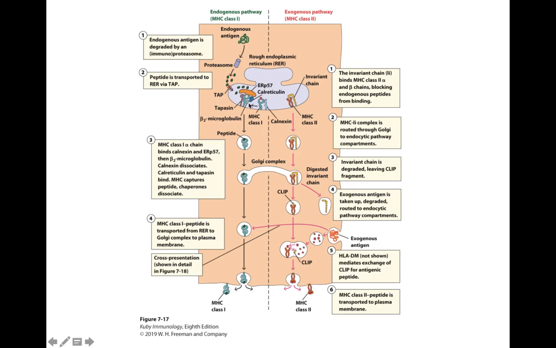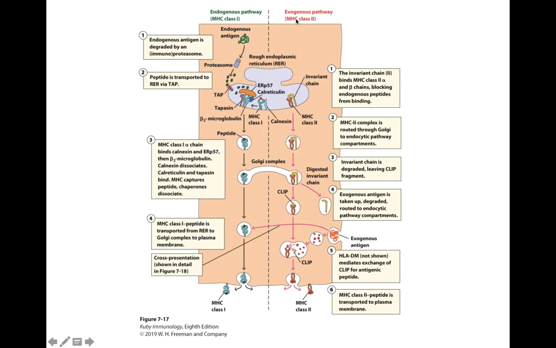And then with the beta-2 microglobulin, these will dissociate when the peptide is broken down and put into the top here. So kind of the chaperones help keep this stable until the peptide is able to be broken down into a smaller piece and put in here. This will then go from the rough endoplasmic reticulum through the Golgi and then to the surface of the cell, presenting this antigen which came from inside the cell from an endogenous protein.